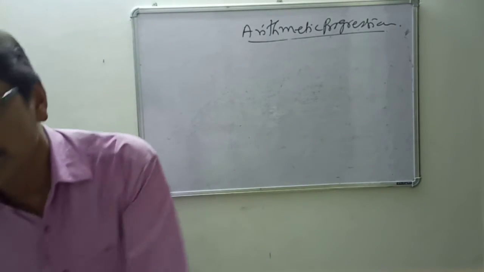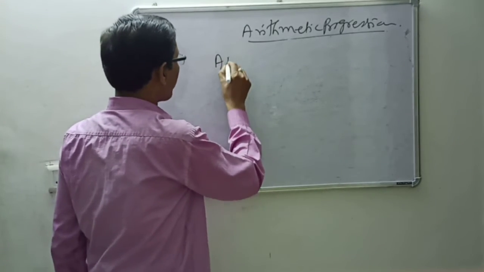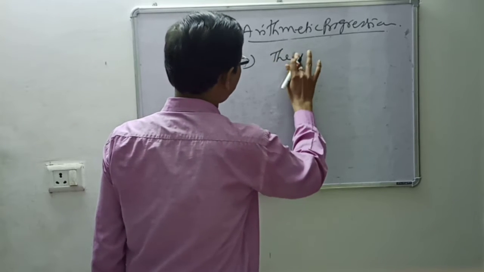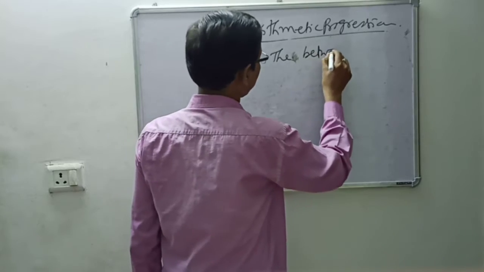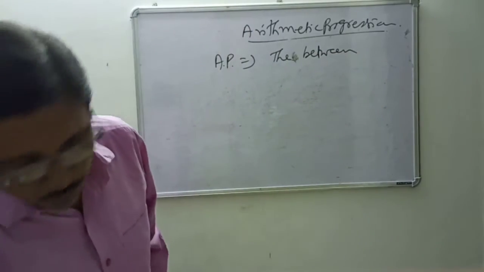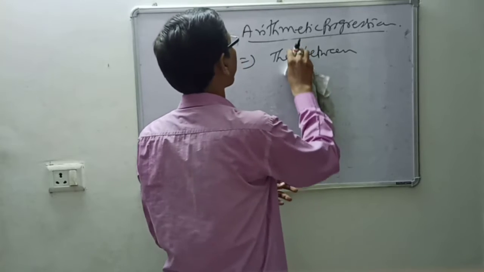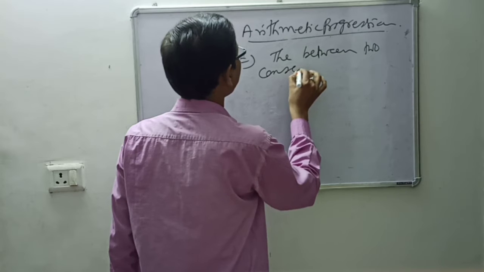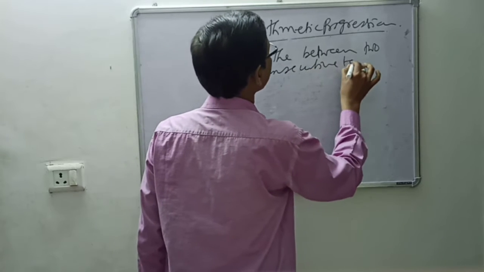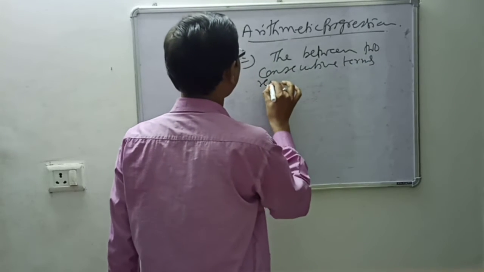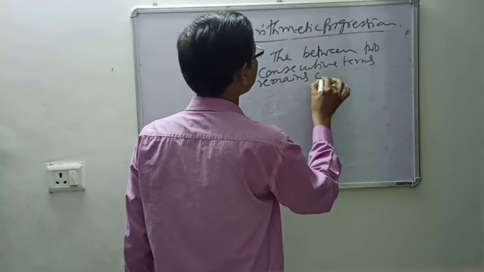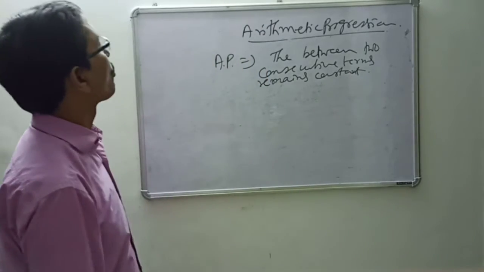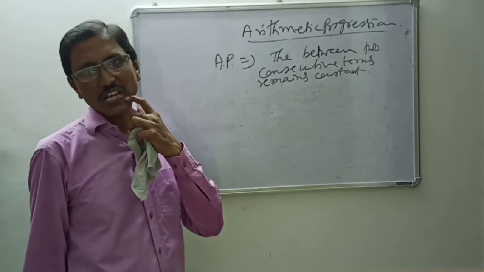That is called the arithmetic progression or AP.